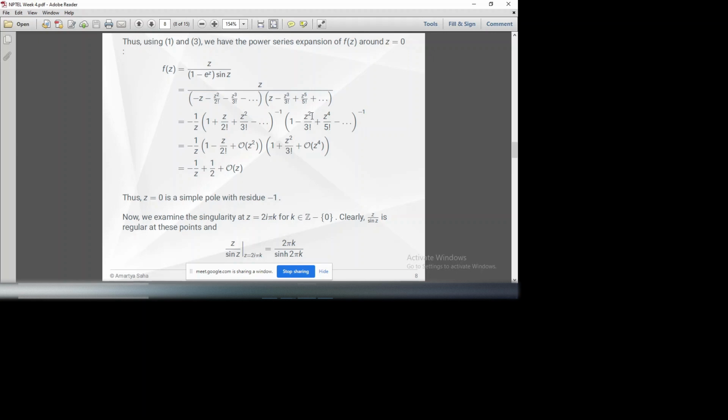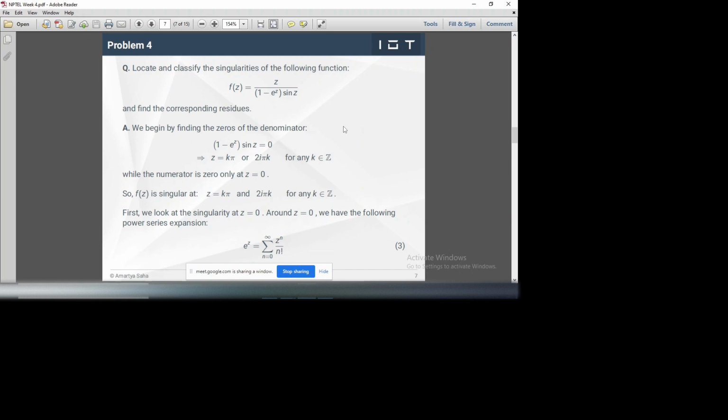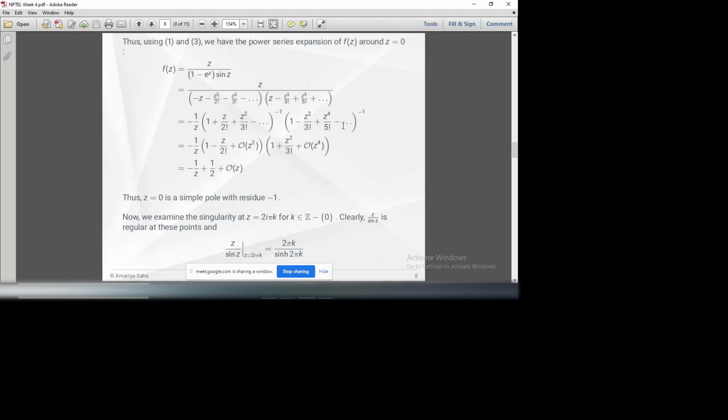Again z was taken outside, so we are left with 1 minus z squared by 3 factorial plus higher order terms. To look at the nature of the singularity and to find the residues, we look for negative powers of z, and we have to keep in mind that we are expanding around z equal to 0.